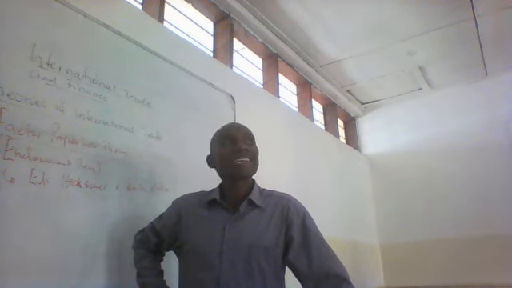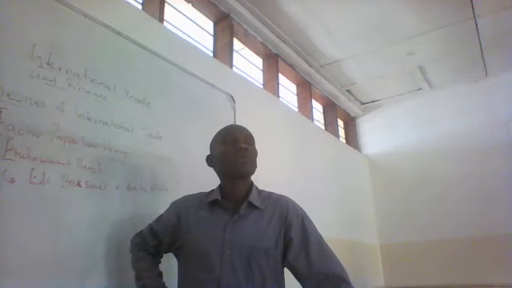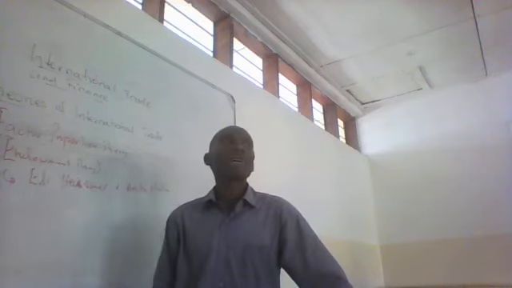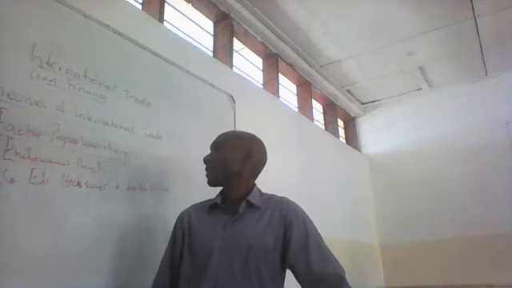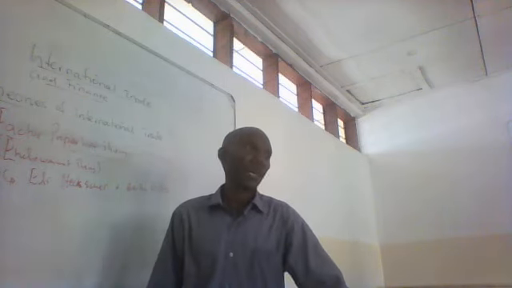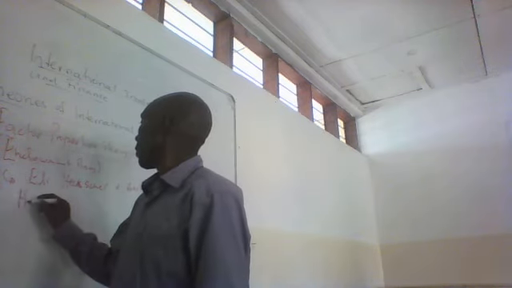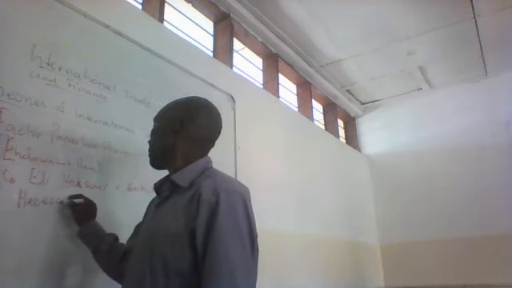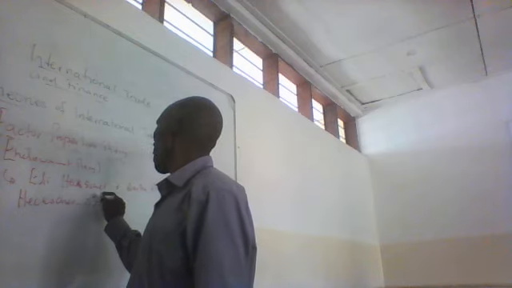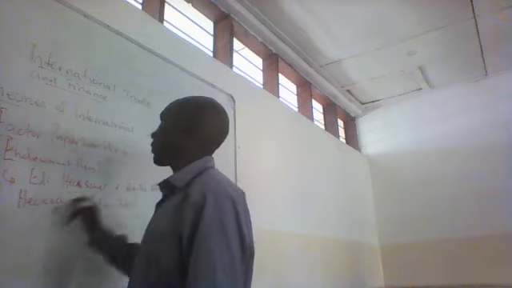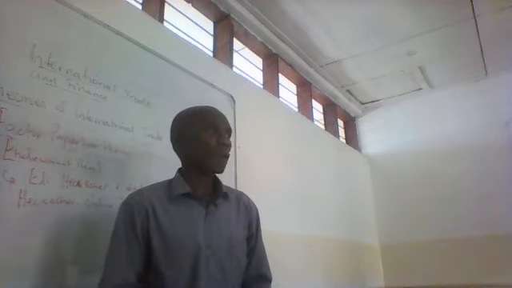Apart from saying factor proportion theory or endowment theory, sometimes we call this one the Heckscher-Ohlin theory. When I talk about Heckscher-Ohlin theory, I'm talking about factor proportion theory, the endowment theory.